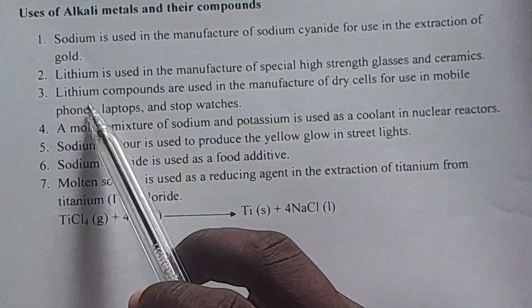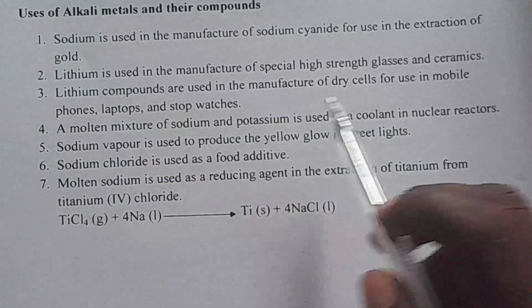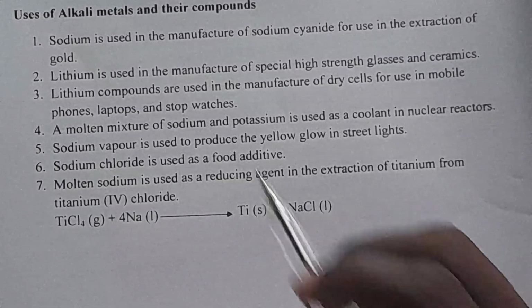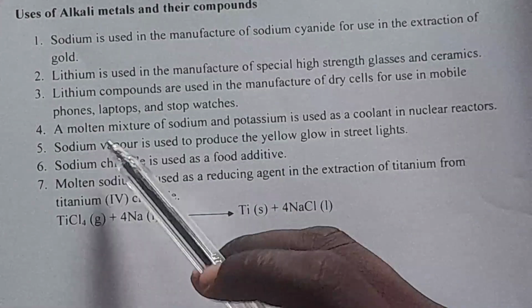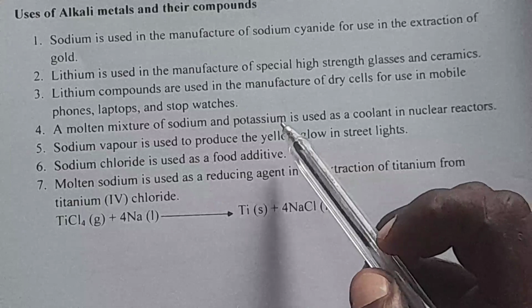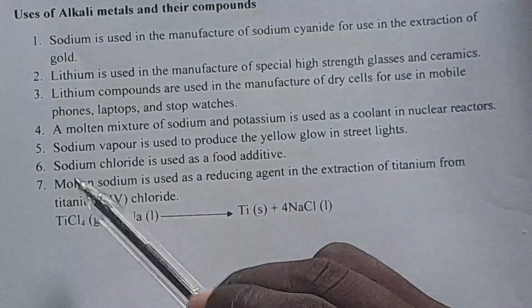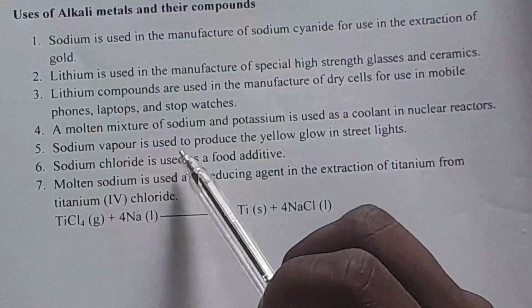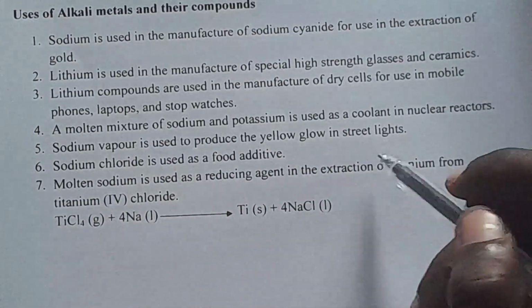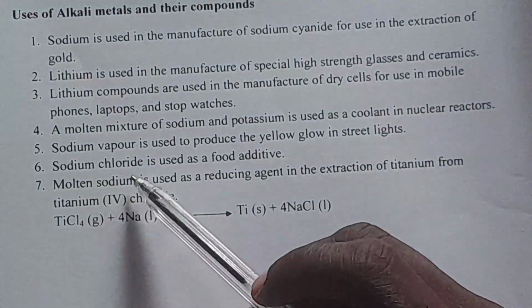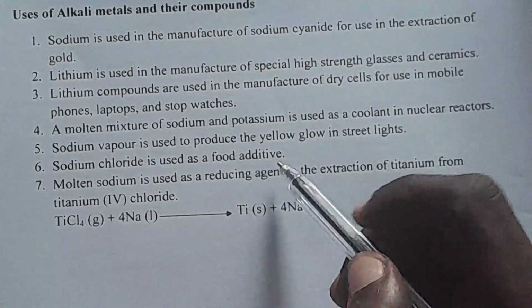Number 3, lithium compounds are used in the manufacture of dry cells for use in mobile phones, laptops, and stopwatches. Number 4, a molten mixture of sodium and potassium is used as a coolant in nuclear reactors. Number 5, sodium vapor is used to produce the yellow glow in street lights. Number 6, sodium chloride is used as a food additive.